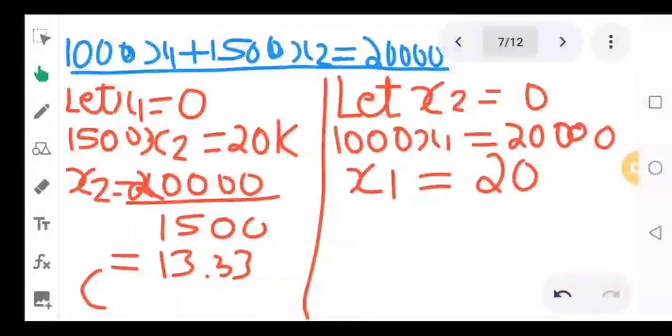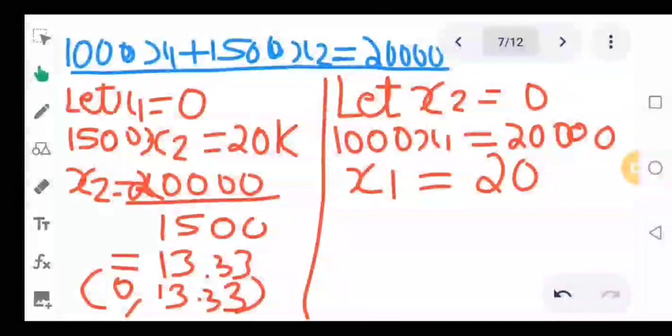Here you have considered x1 to be 0, so you write 0 first, comma, and x2 we found to be 13.33. So this is your first point, (0, 13.33).